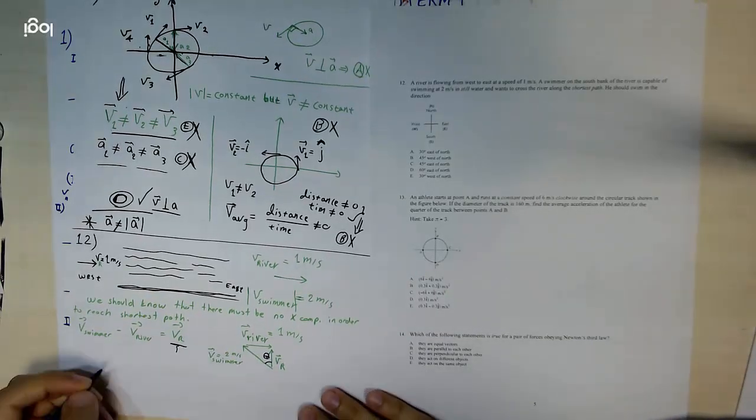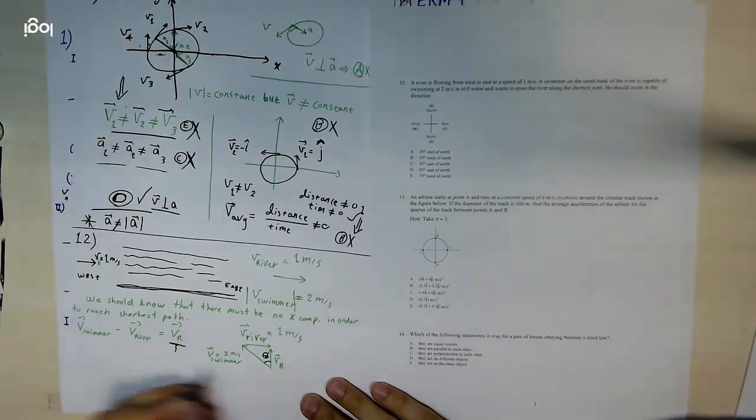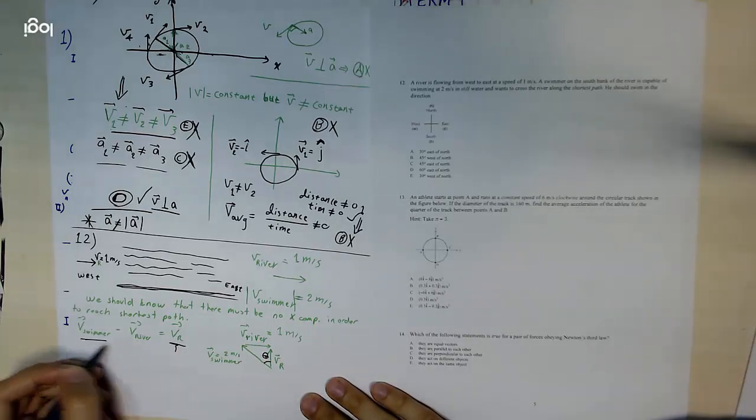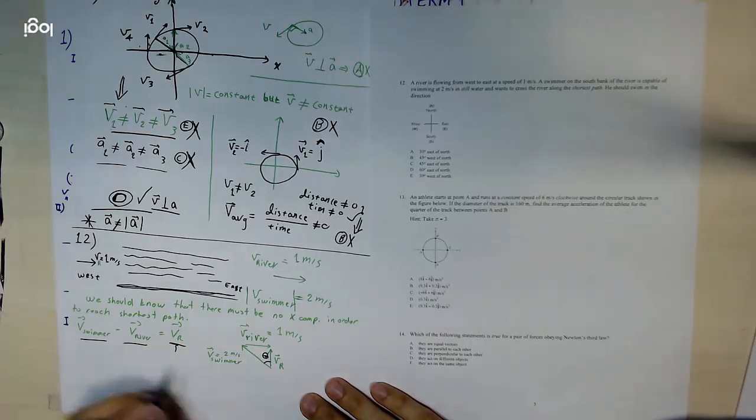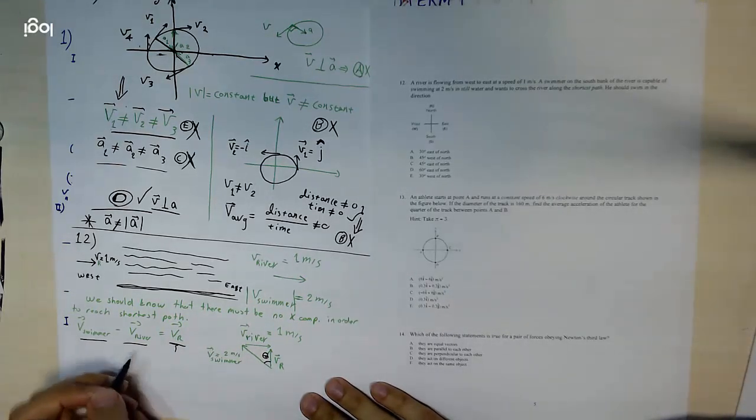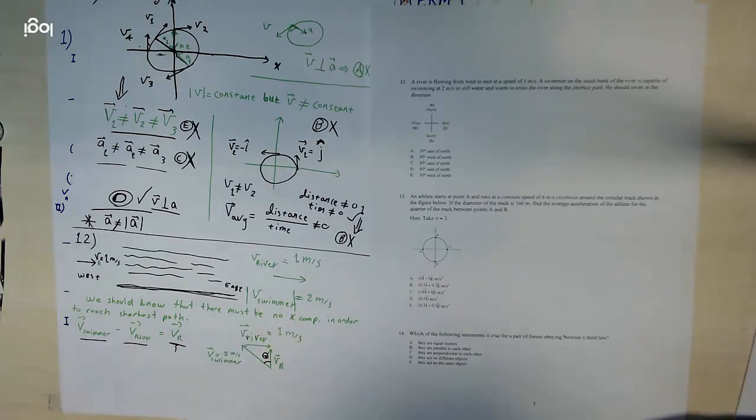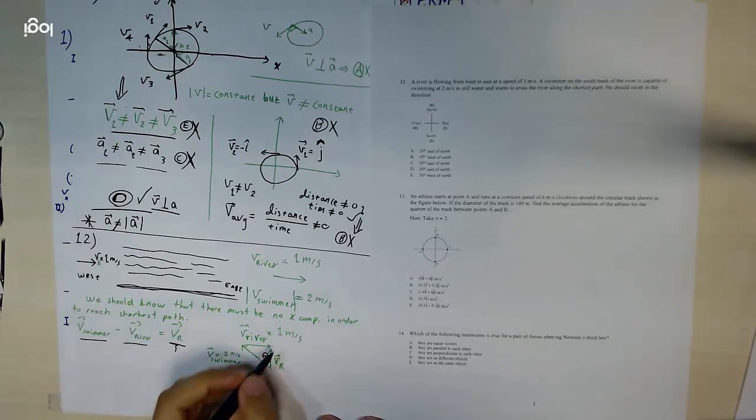So let's find the resultant vector, which is equal to v, velocity of swimmer, minus velocity of river. Let's find theta, which is between velocity of the river in y direction and velocity of the swimmer.